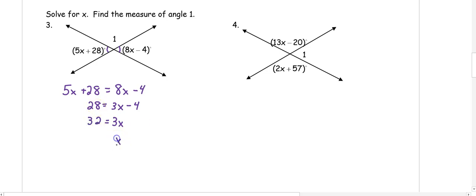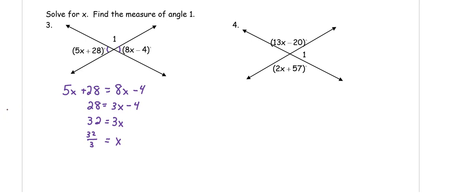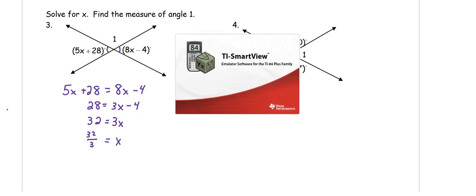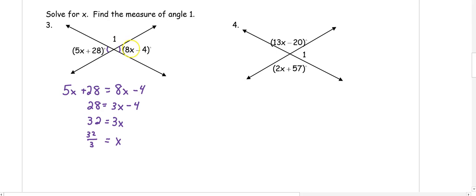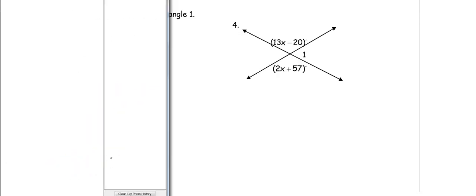Once I solve, I know that x is 32 over 3. Since this doesn't reduce, we're going to leave it as a fraction. Then when I go to find my angle measurement, I'm going to use a calculator just because I have a fraction to deal with. So I'm going to find one of these two measures first. Let's say we're going to find the 5x plus 28. So 5 times 32 over 3 plus 28.